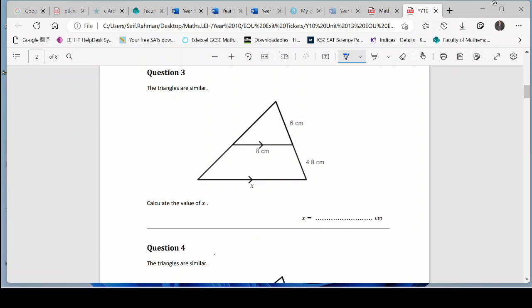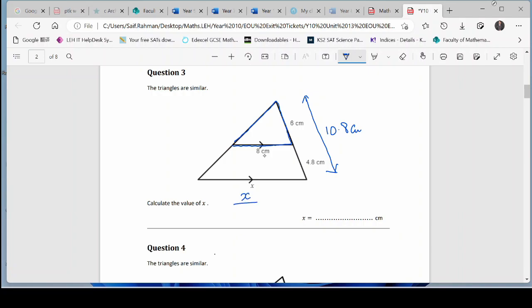And in this question, these triangles are similar. So we have got two triangles, and one triangle is here, this one, and the other triangle is the bigger one. So here, if we see the length of all this from here to here, this triangle, it is 6 plus 4.8, which is 10.8 centimeter. So we have to make both of these equal to find the missing value.